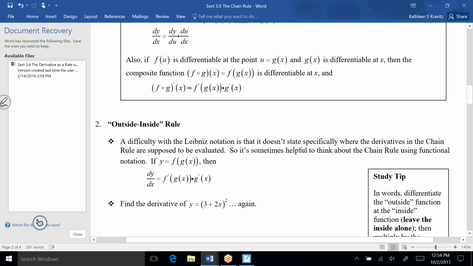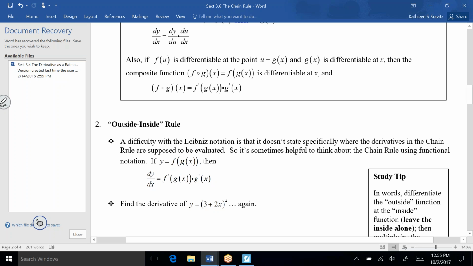So also, if f of u is differentiable at a point u and g of x is differentiable at x, the composite function, where we have an inside function g of x and an outside function f, is going to be differentiable at x.